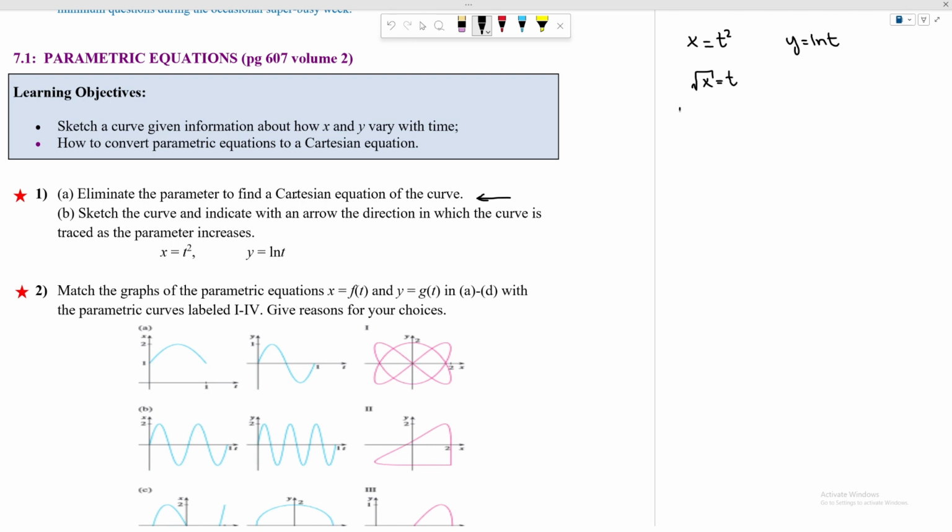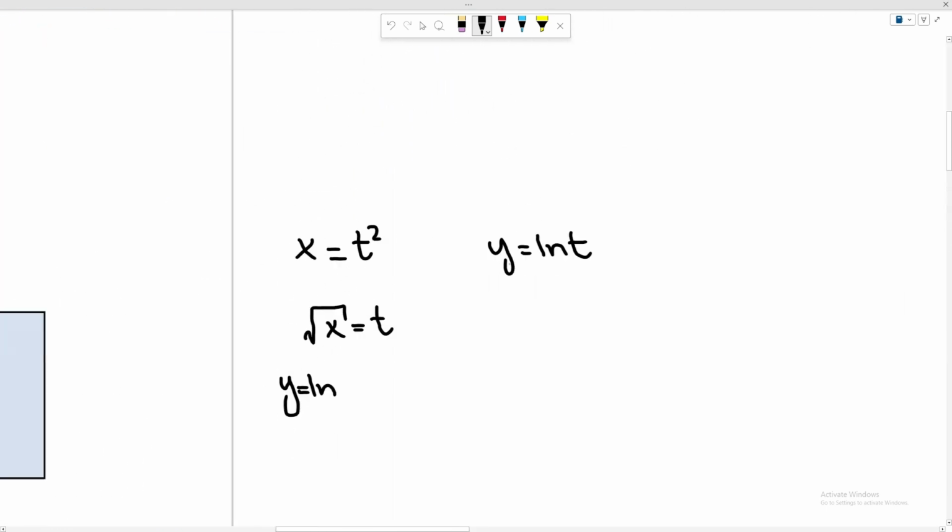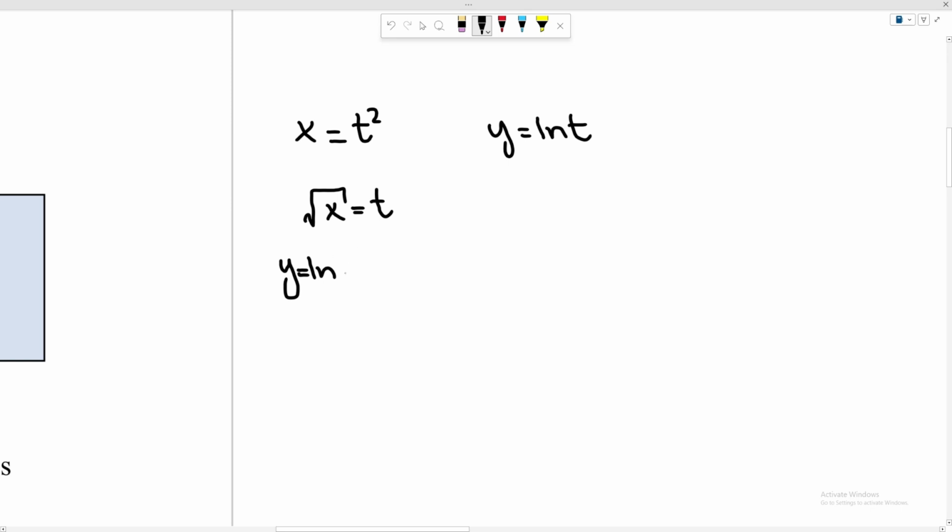Right, and then you sub it in, which will equal... So if I zoom in here, this will equal my... The other way you could do it is from here. You can say y equals ln t, so e to the y equals my t.